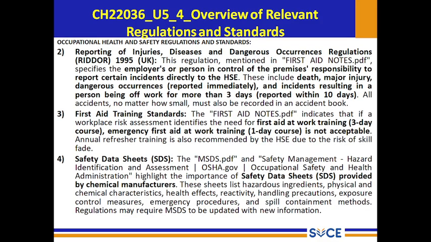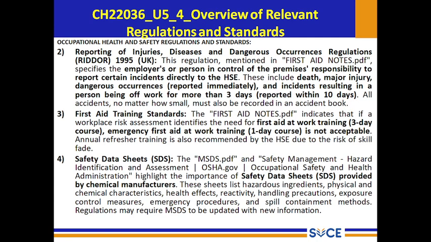Next comes reporting of injuries, diseases and dangerous occurrences regulations 1995, which is abbreviated as RIDDOR: Reporting of Injuries, Diseases and Dangerous Occurrences Regulations. We start with reporting and end with regulations.